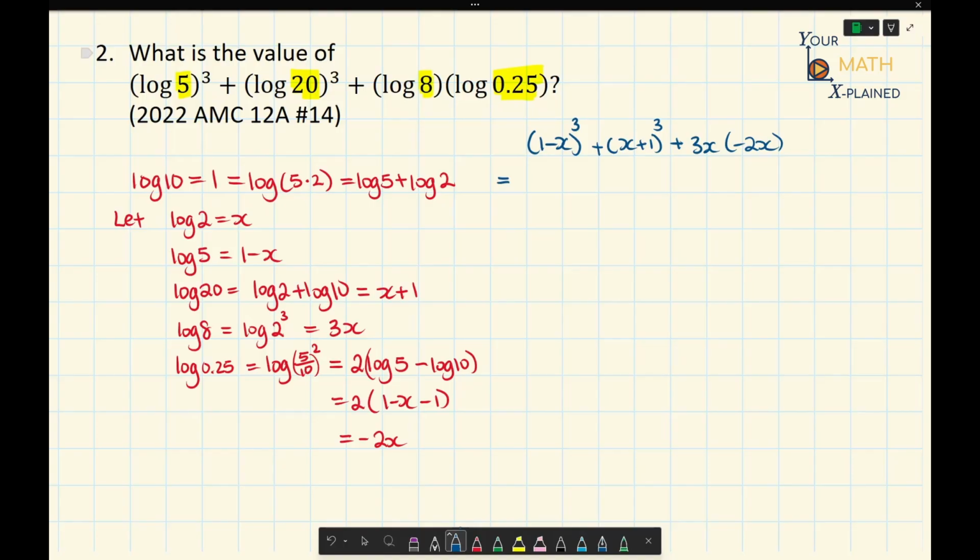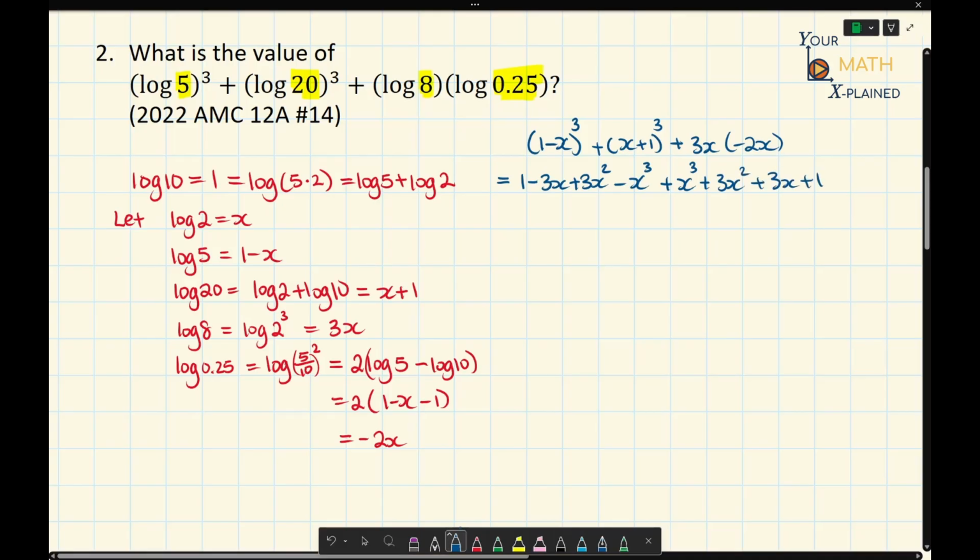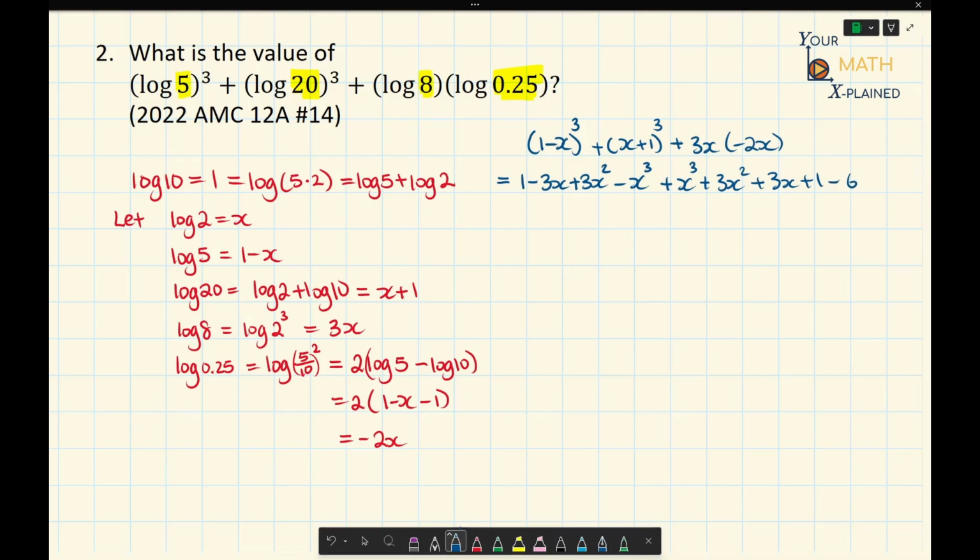So that's going to be 1 minus 3x plus 3x squared minus x cubed. So that's the first one. Plus x cubed plus 3x squared plus 3x plus 1. That's the second one. And then the last term is going to be minus 6x squared.